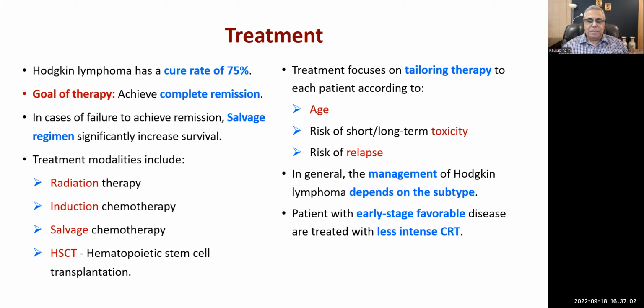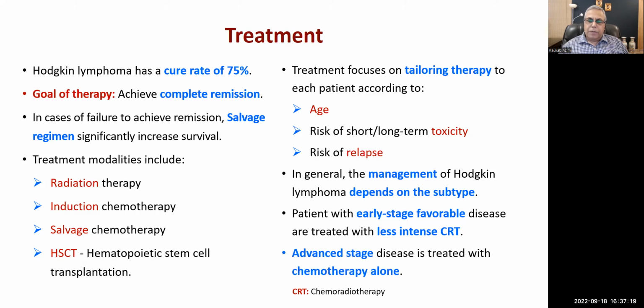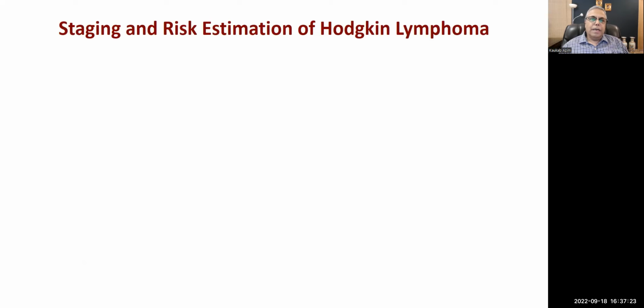So many things are taken into account, and we decide whether to give intense high-dose therapy or intense radiation therapy. CRT stands for chemoradiotherapy, okay? Advanced stage disease is treated with chemotherapy alone, right?